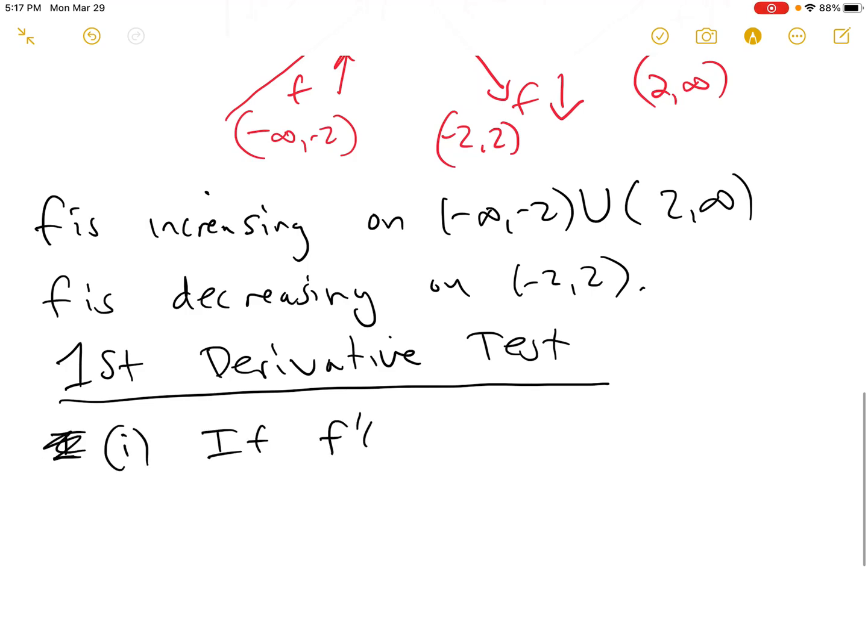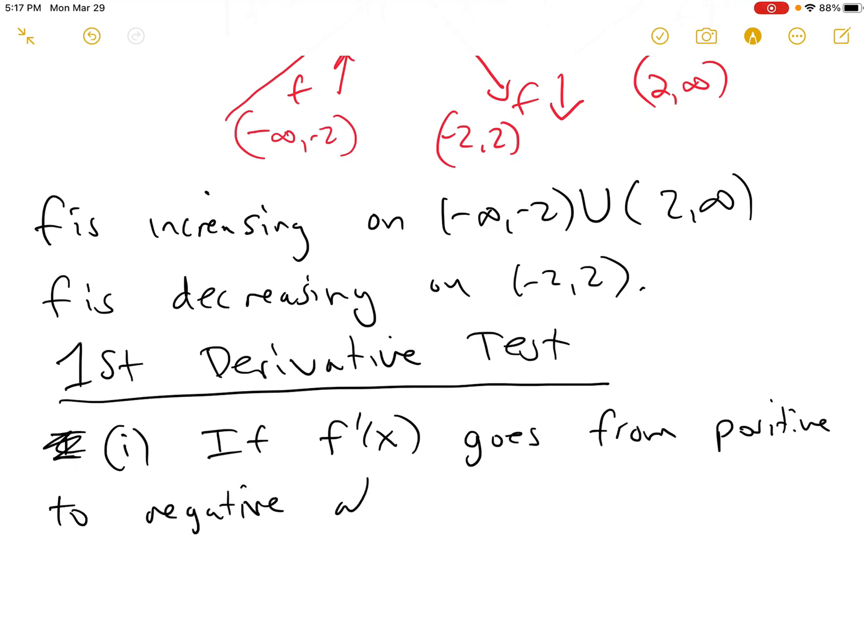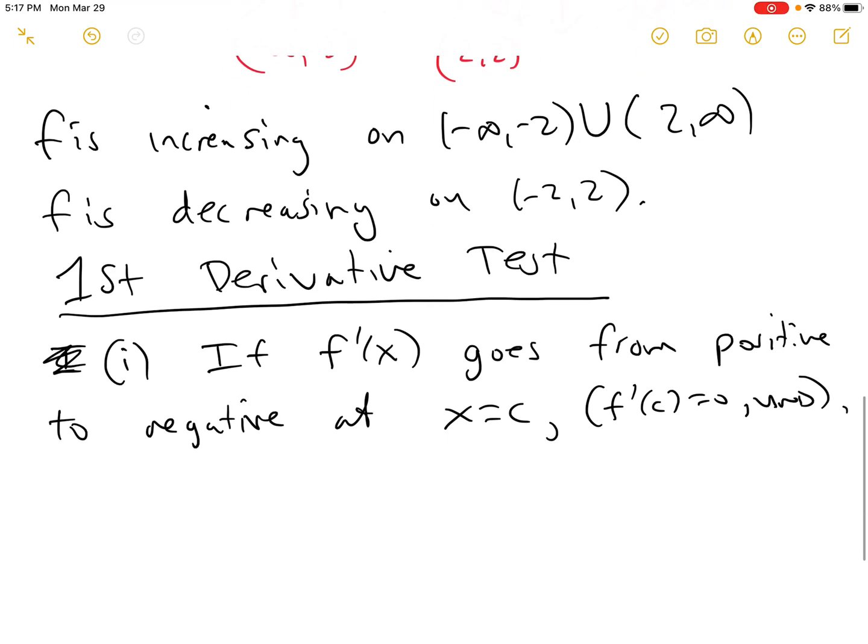If f prime of x goes from positive, so increasing, to negative at some point x equals c, and it's important to note that f prime of c is equal to 0 or undefined. It's a critical point. So if f prime of x goes from positive to negative at a critical point, then this is a local max. Then f of c is a local maximum.